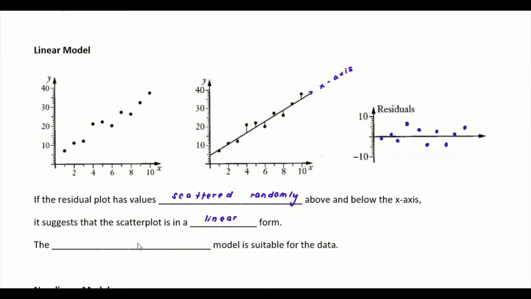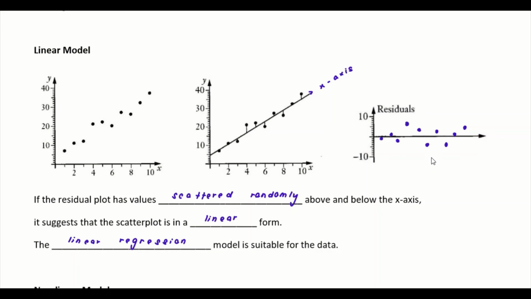If the scatter plot is in a linear form, it will be suitable for us to use the linear regression model here. Okay, so this is our case 1, which means if the residual plot shows the values scattered randomly above and below the x-axis, it suggests that the linear regression model is suitable.